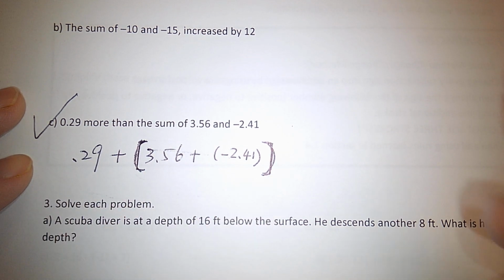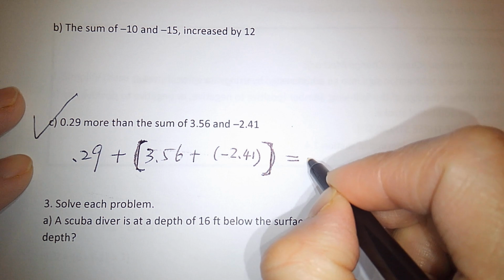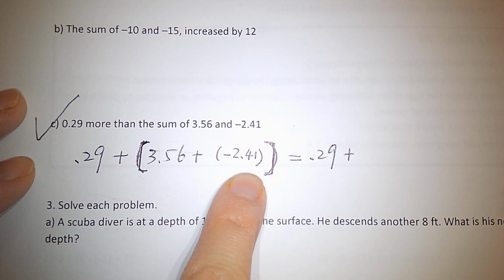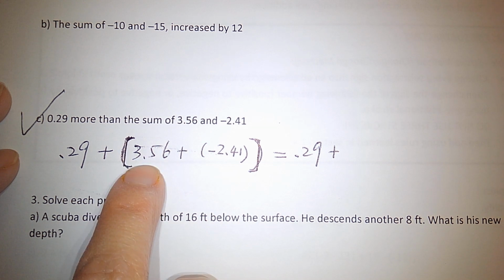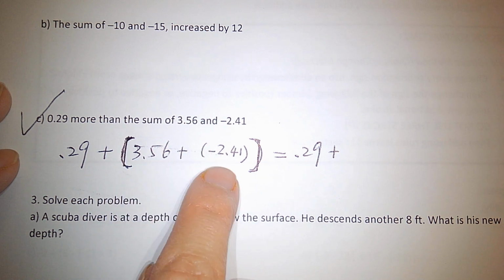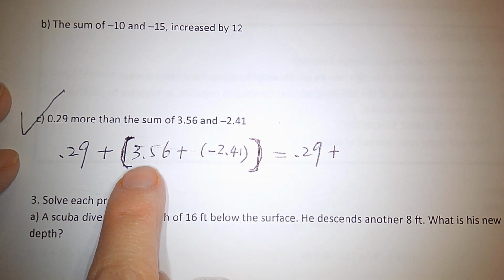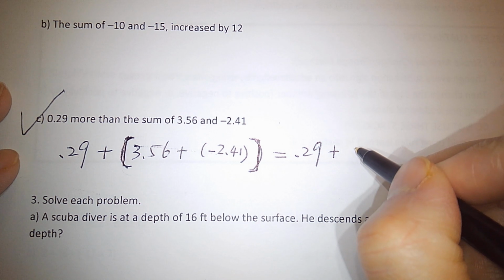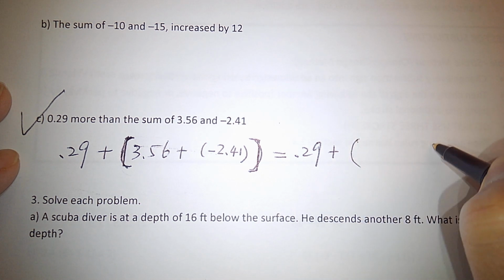So simplify it, please. 0.29 add. What's the sum of these two numbers? A positive number and a negative number, compare which one has a greater absolute value. Which one? 3.56, right? So we're going to add, still using parentheses.